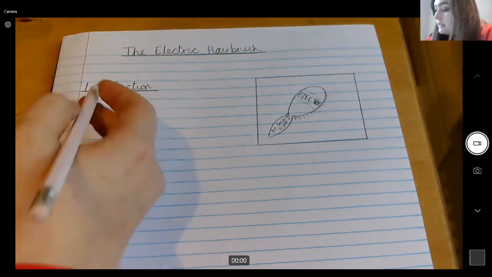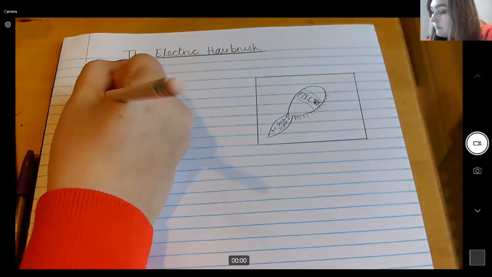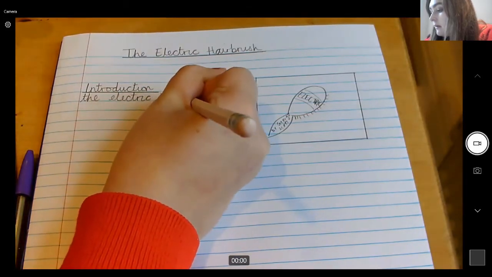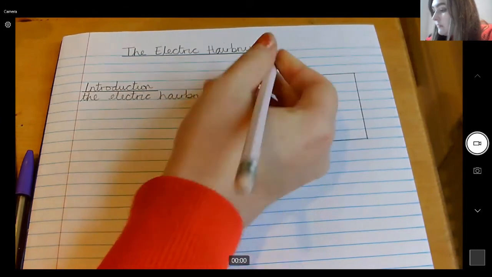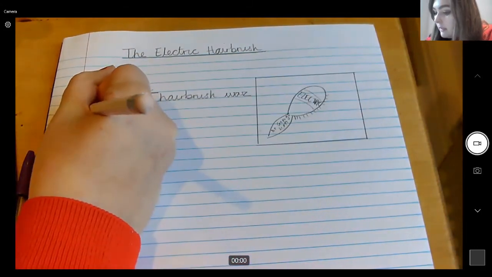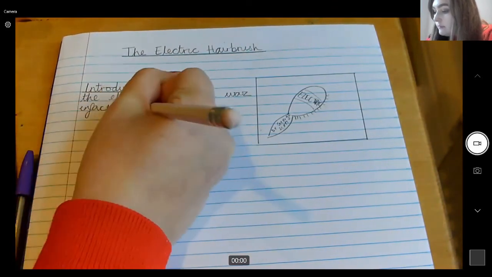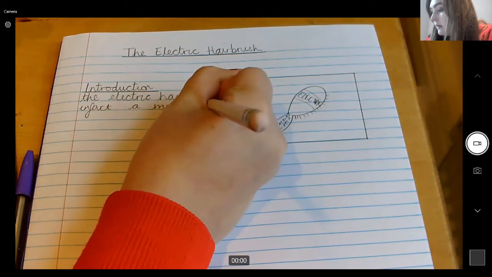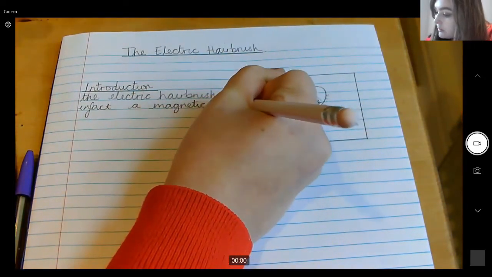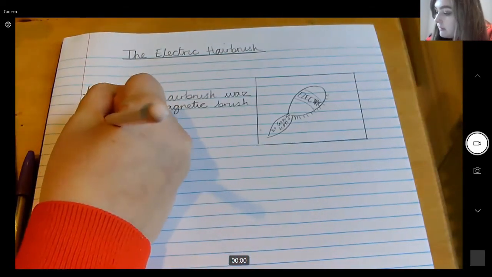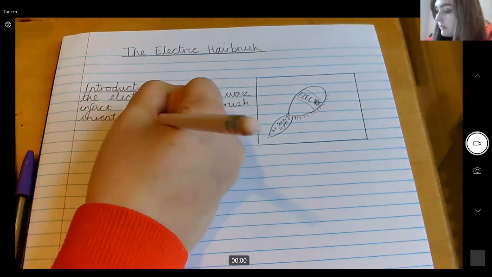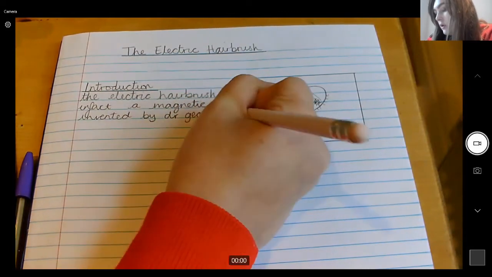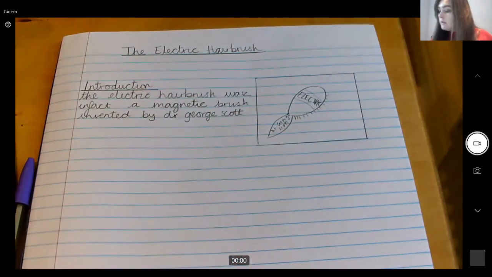So my sentence is: the electric hairbrush was in fact a magnetic brush invented by Dr. George Scott. Now, what I'm going to do next is I'm going to go through that.